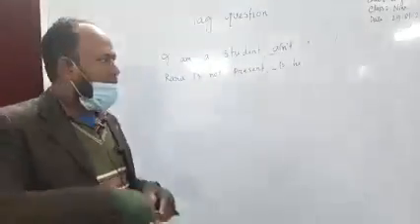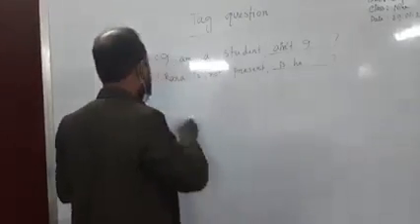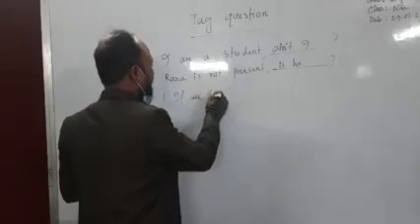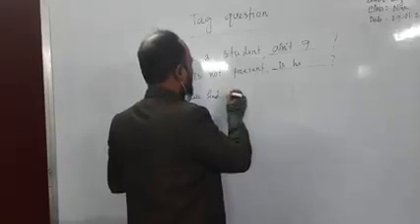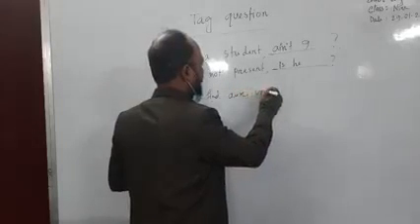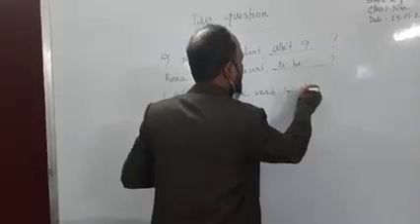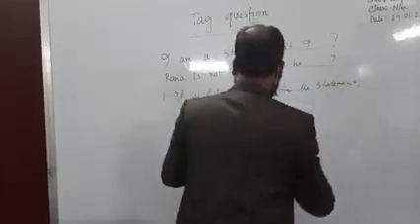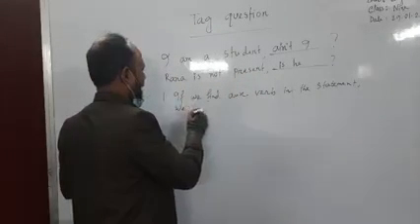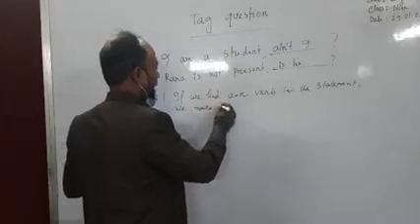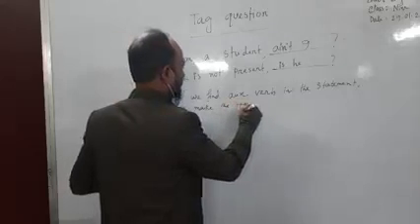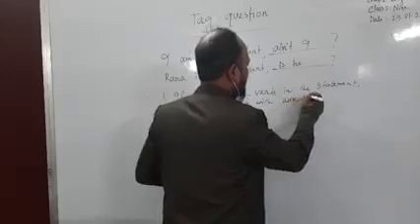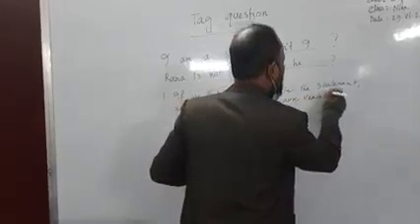Learner, we come to the main points. How do we make a tag question? Number one, if we find an auxiliary verb in the statement, we make the tag with the auxiliary verb, meaning the 24 operators.